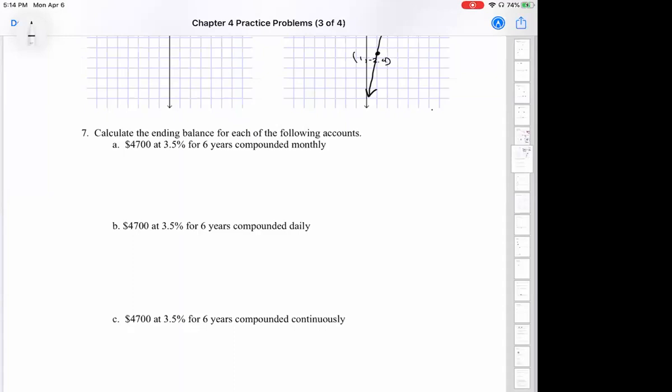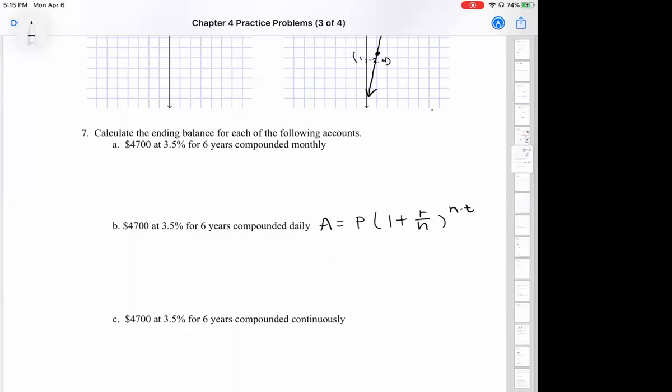All right, so can someone please remind me of the formula? I have A is equal to P with 1 plus, and then the rest I forget. I think it's R over N, and then N times T. Okay, cool. Thank you so much. This is a formula that I always forget because we have it in our book, so we can always refer to it.